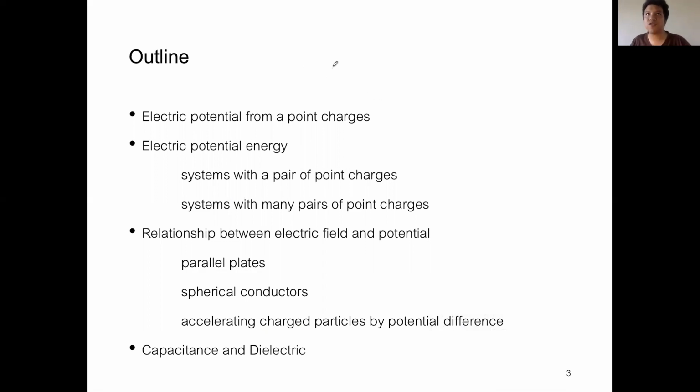If you have a point charge, it can generate an electric field as a vector quantity, and it can also generate electric potential, but as a scalar quantity. You can find the potential at any point, and that potential is called a scalar field.